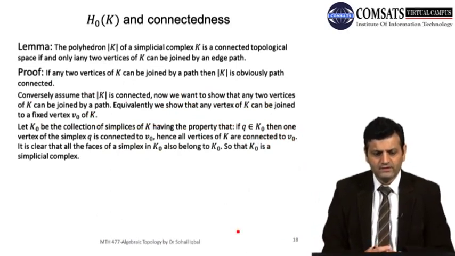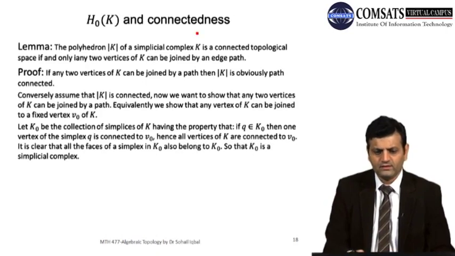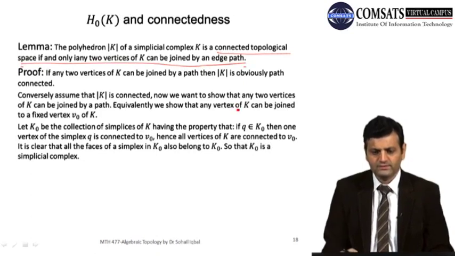So now we have another simple result. If we have a simplicial complex K, then its polyhedron is a connected topological space if and only if any two vertices of K can be joined by an edge path.